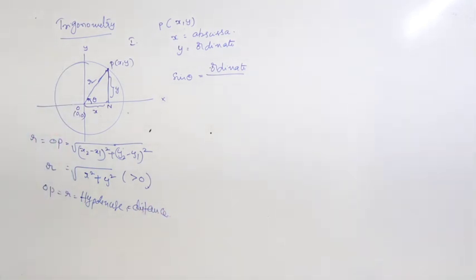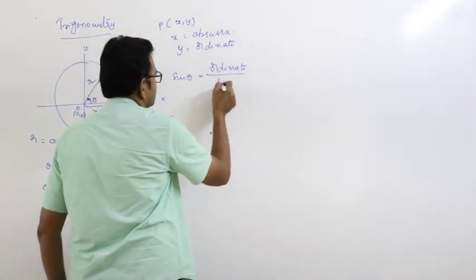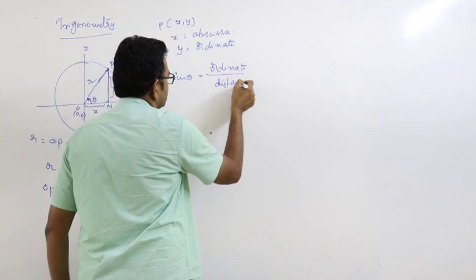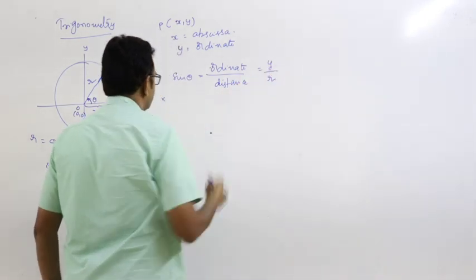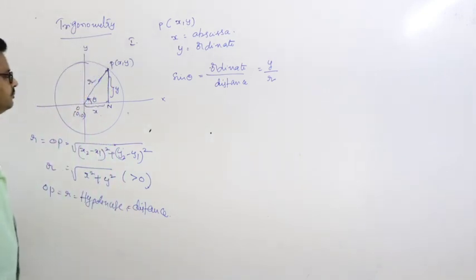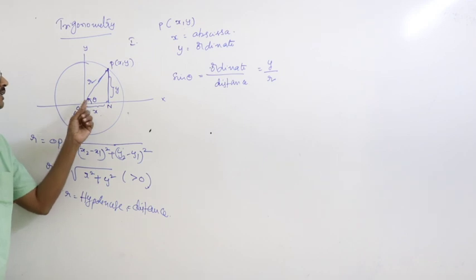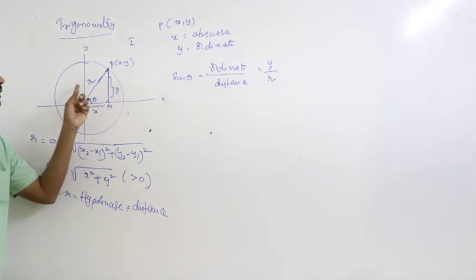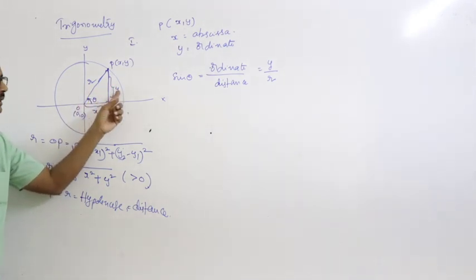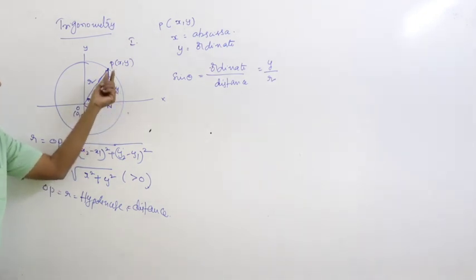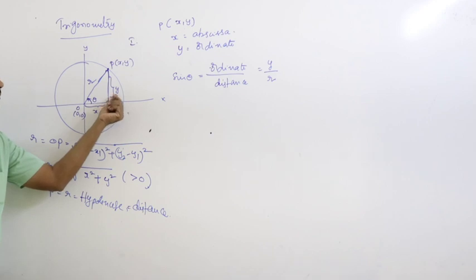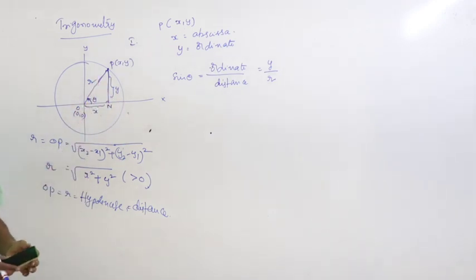Ordinate by distance, y by r, where r is always positive. According to your language, sin theta is opposite side by hypotenuse. Opposite side is y, the ordinate, by the distance, y by r.